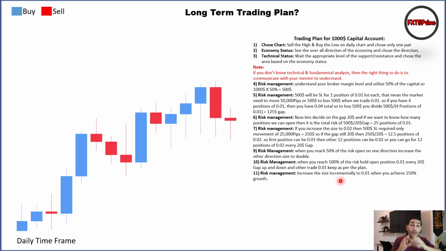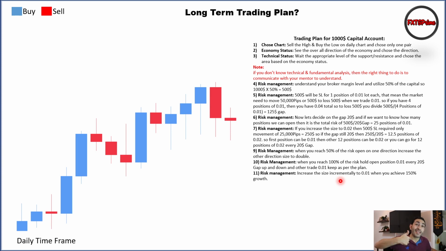Number 11 is to increase the size of your trading plan incrementally by 0.01 when you achieve 150% profit. So if I have an account of $1,000, I need to achieve 150% from my account. That means your account has to become $2,500.